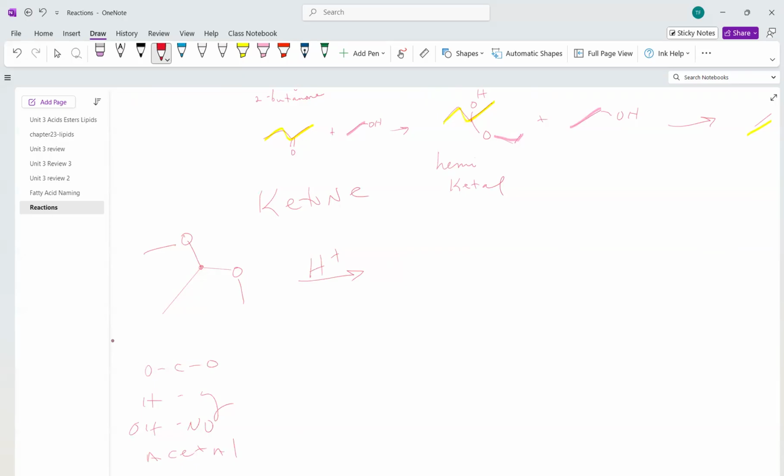So let's look at the primary backbone, and then we have a couple of secondary backbones. Okay, so what's going to happen first, it's going to lose one of the alcohols and become a hydroxyl group.